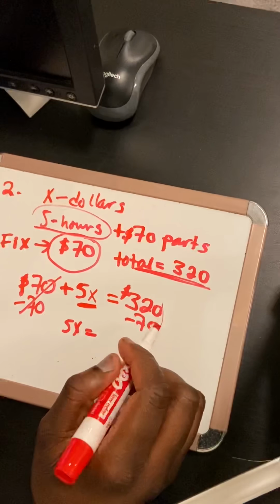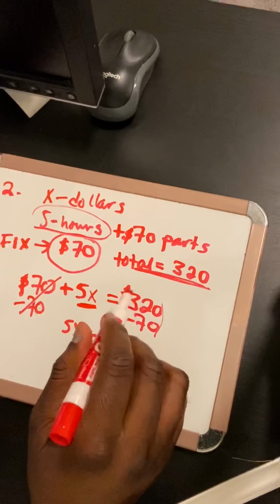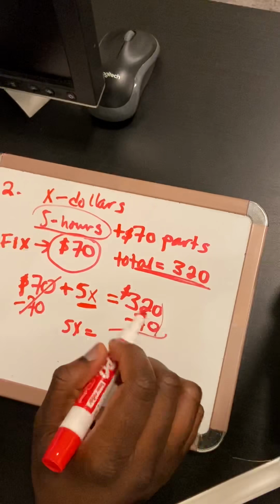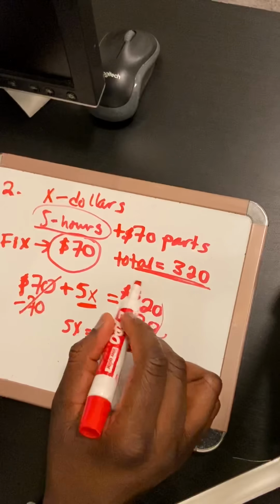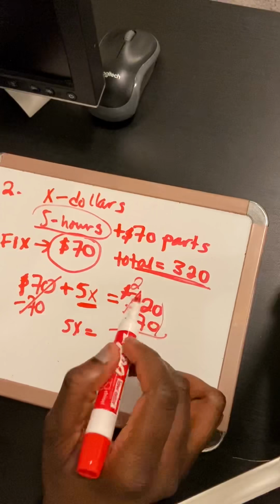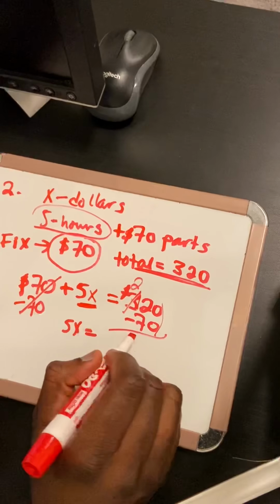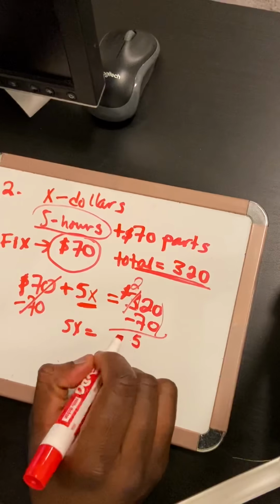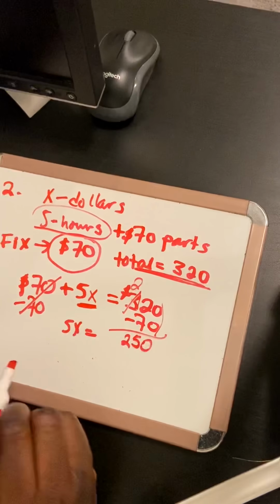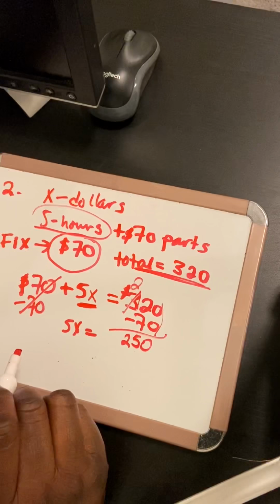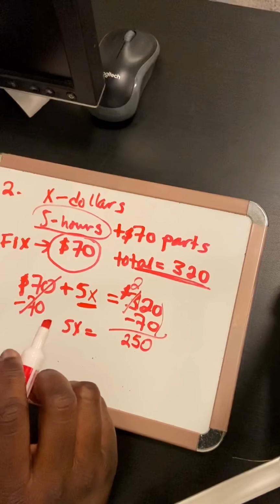Subtracting 70 from 320, we borrow from here, 2, 1, so that is 5, 2, 0. So 5x equals 250.